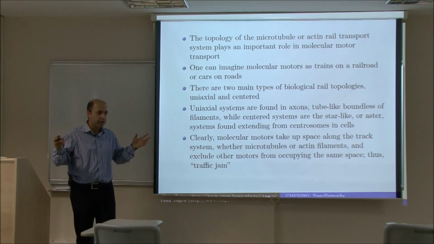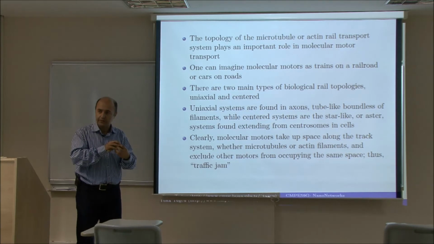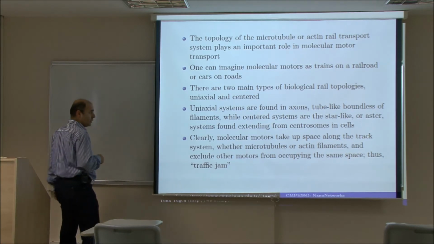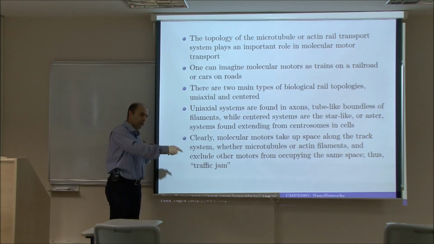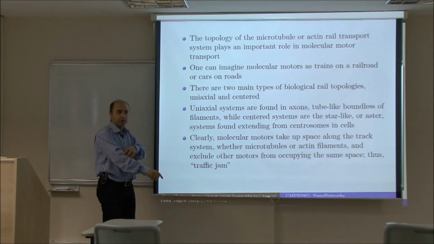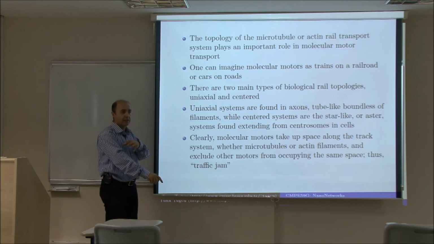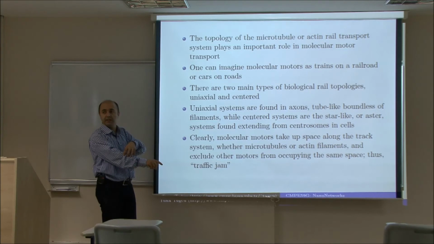Therefore, it is a star topology where the centrosome is at the heart of that star. Typically, the molecular motors moving over these rails consume some volume due to the motor itself and mostly due to the load it's carrying. That means if there's a molecular motor here, you cannot have another molecular motor here. It has to be somewhere else.